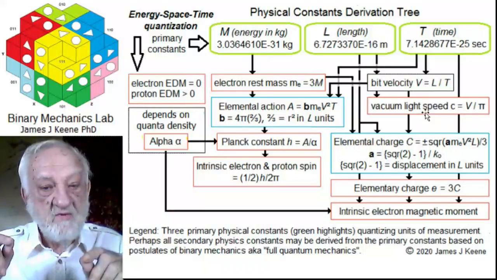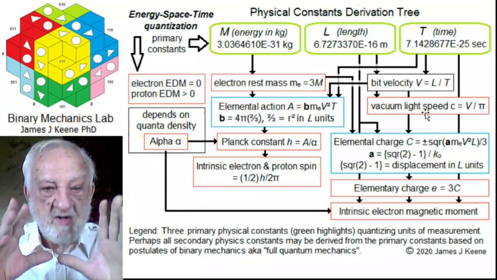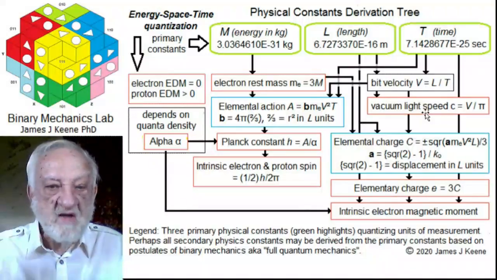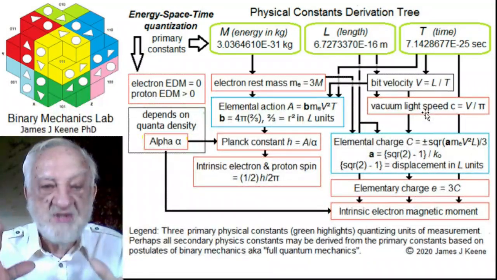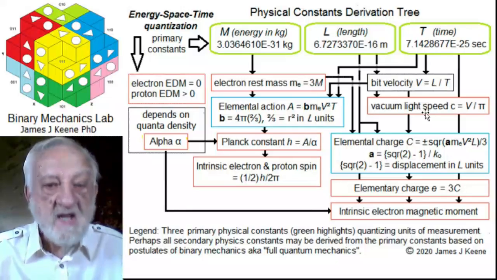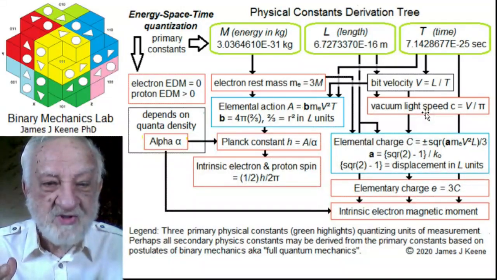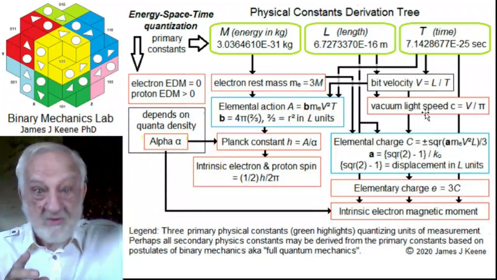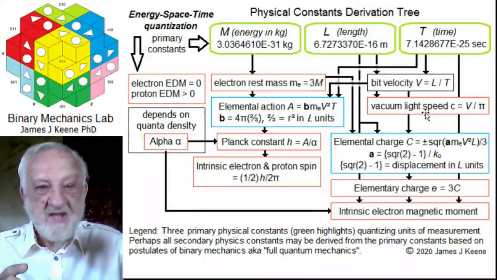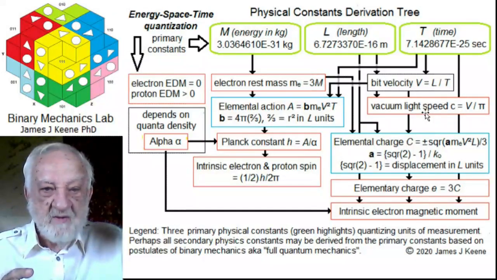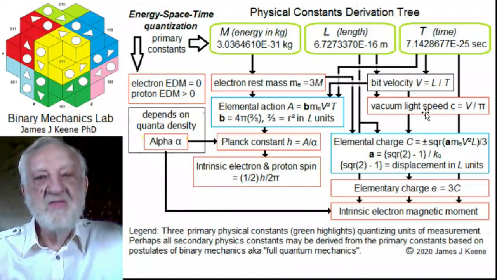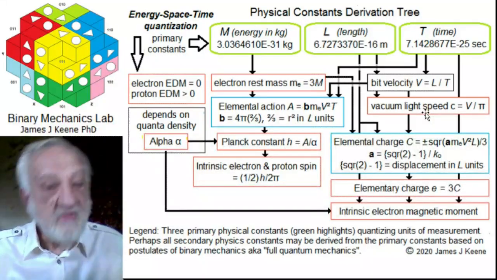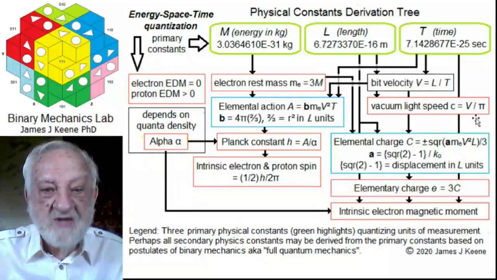It can only move out of that spot cube through the 6 faces of the cube. In other words, there are only 6 directions it can go. And so for a unit of energy to move from some arbitrary point to another, it has to take sort of a little bit of a zigzag pattern, usually, to get to the destination point. So that's a constraint. Therefore, we actually have that bit velocity is pi times the speed of light.